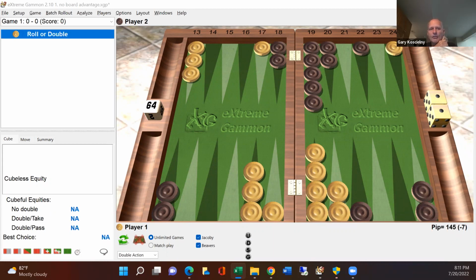But the idea of what I'm trying to do is to give you information that's easy enough and accessible enough to take you from a novice to at least an intermediate. And in this case, if you can apply this effectively and accurately, you'll be very competitive, as good as pretty much anyone in terms of cube play.